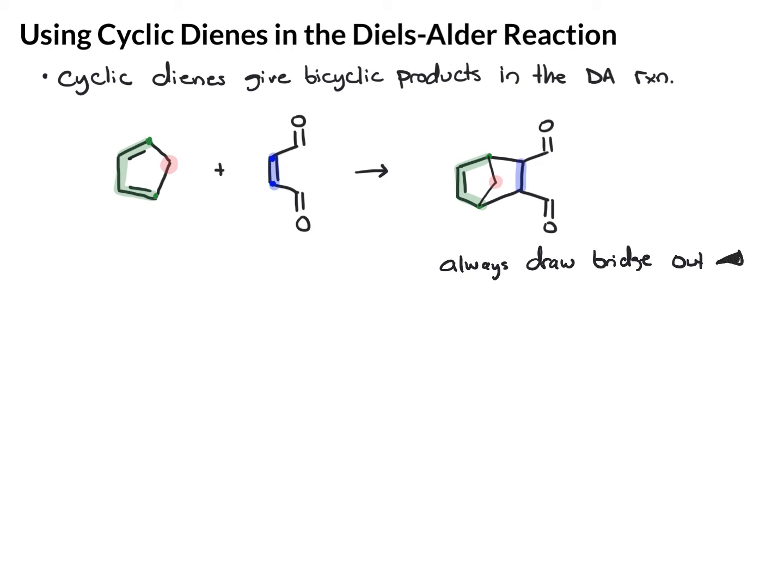So let's do that. Here's our core. I'm going to draw the bridging group here with wedges. All right, now we have that.